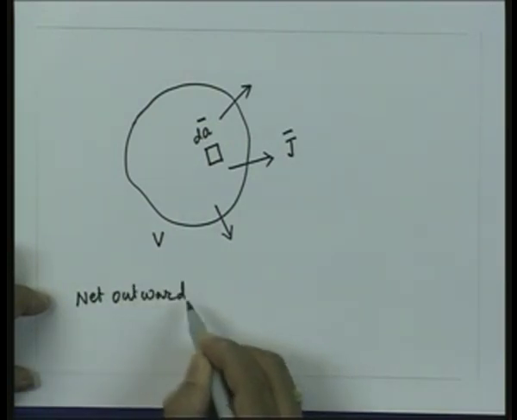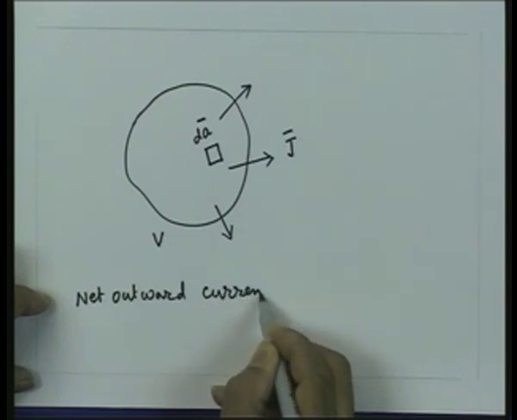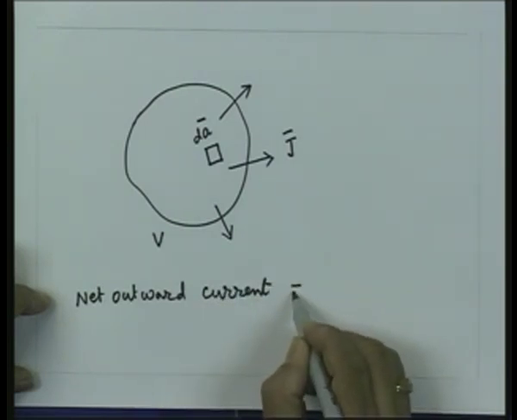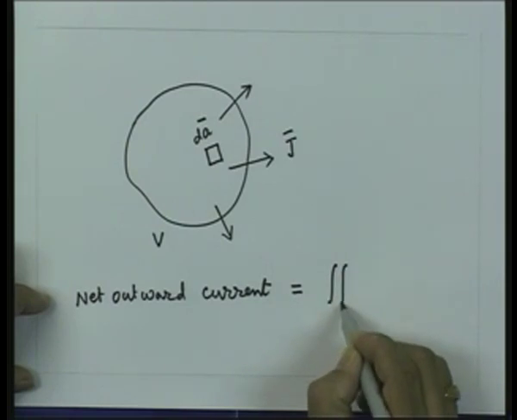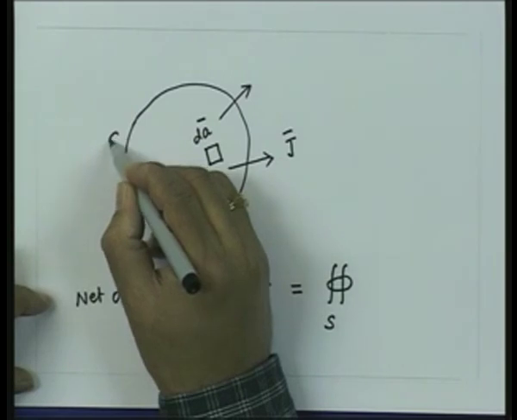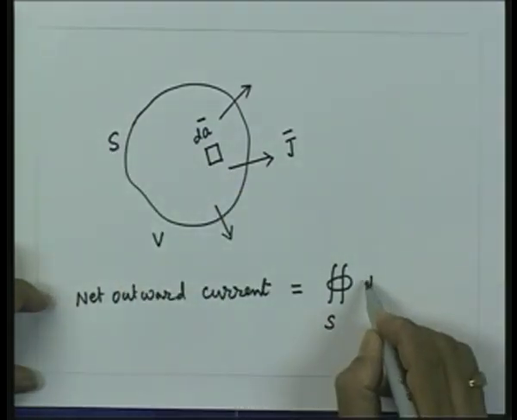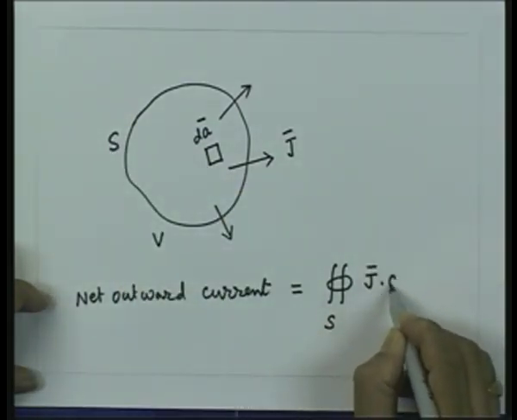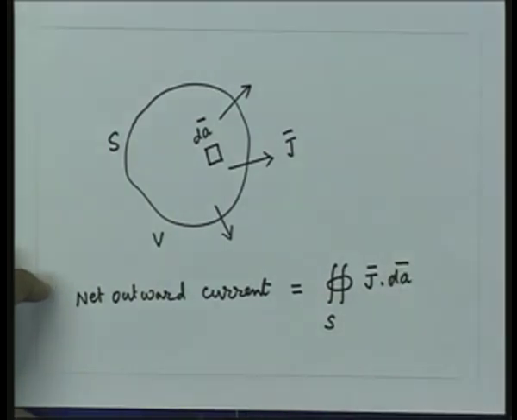So, I have here from this surface the net outward current, which is nothing but integrated over the closed surface. Let us say this surface is S, the conduction current density over that infinitesimal area.